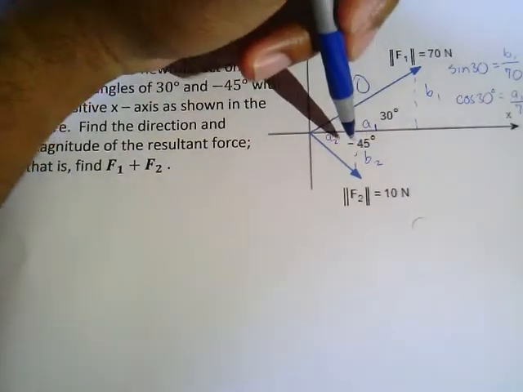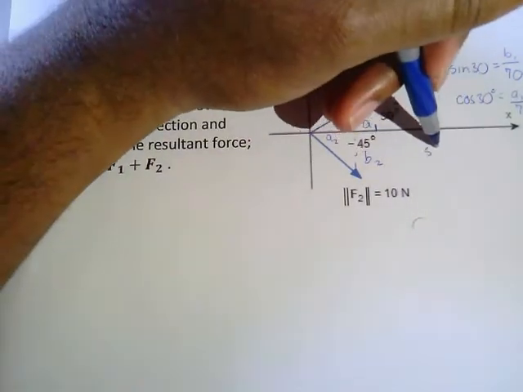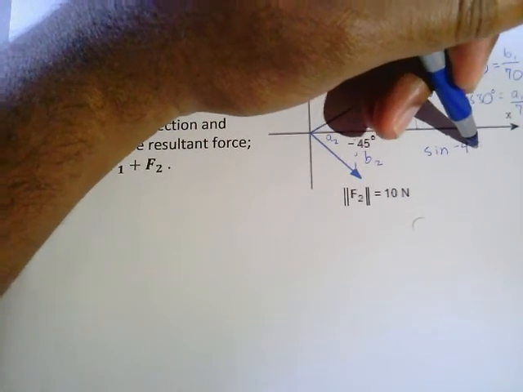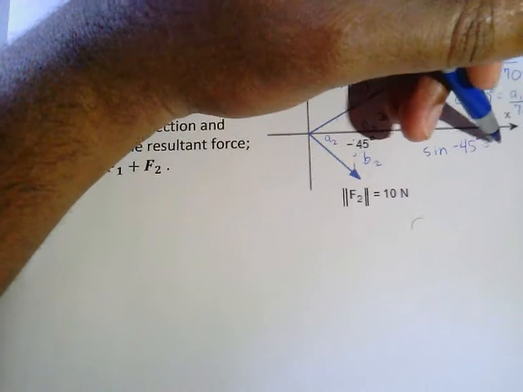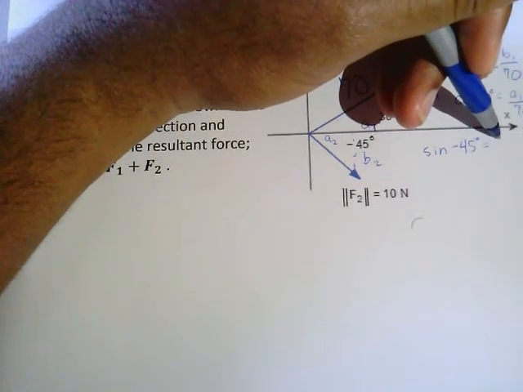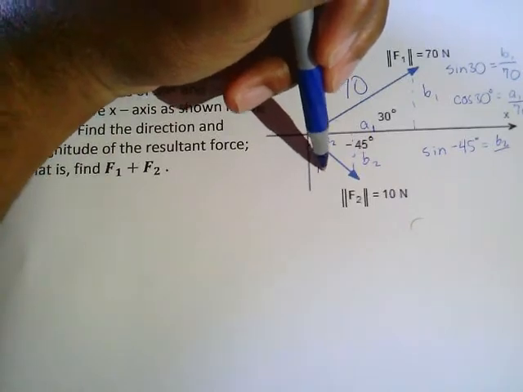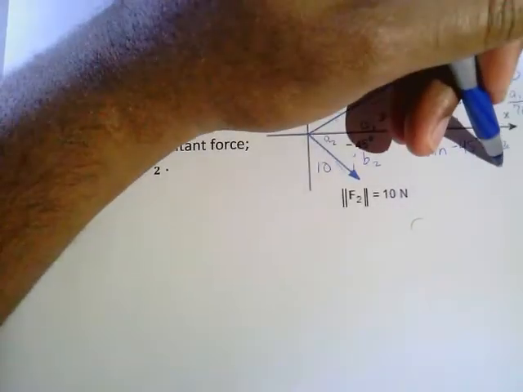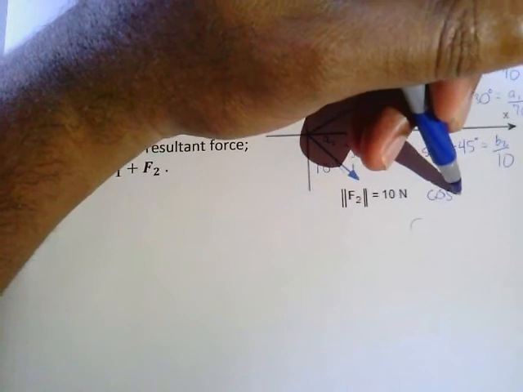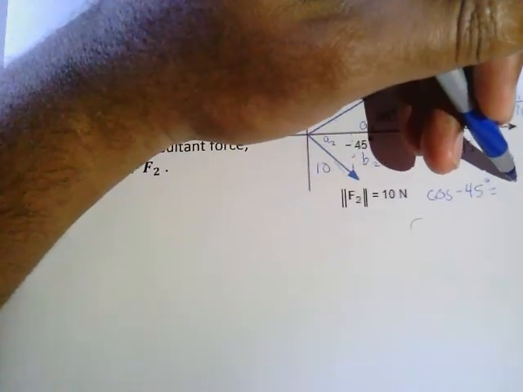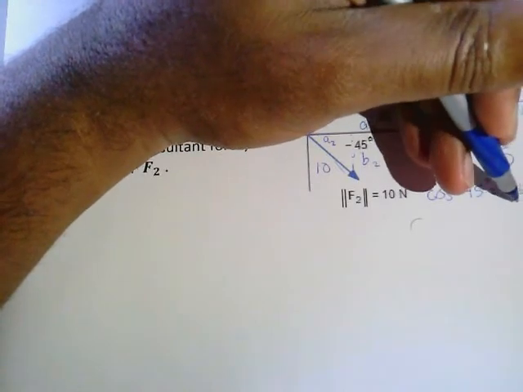And then for A2 and B2, we have sine of -45 degrees is going to be B2 over 10, the magnitude of this one is 10, and then cosine of -45 degrees is going to be A2 over 10.